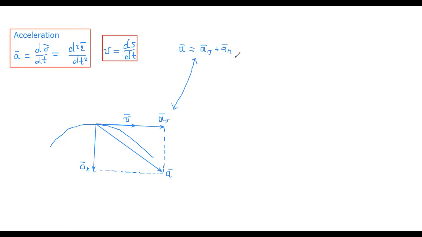And the normal acceleration shows the changing in direction of velocity. Is it clear or is there something that you cannot understand in this?